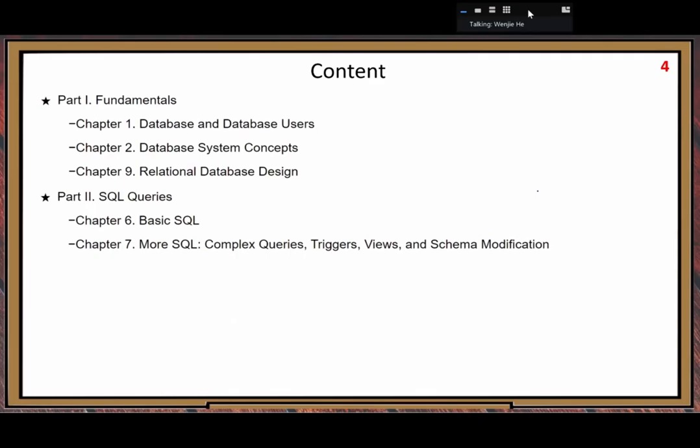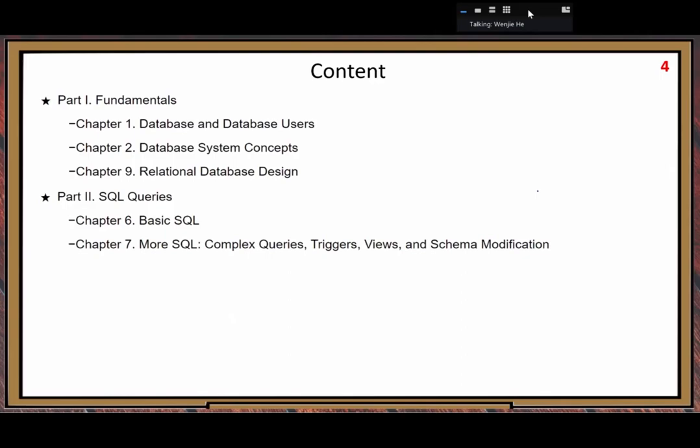So before the midterm, we just do basic SQL practice, because a lot of concepts we need to understand, not just the syntax. A lot of theoretical knowledge behind the SQL queries we need to understand.